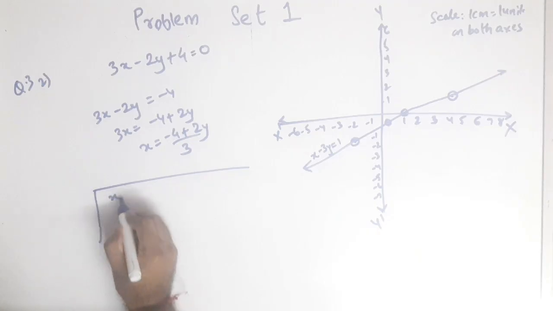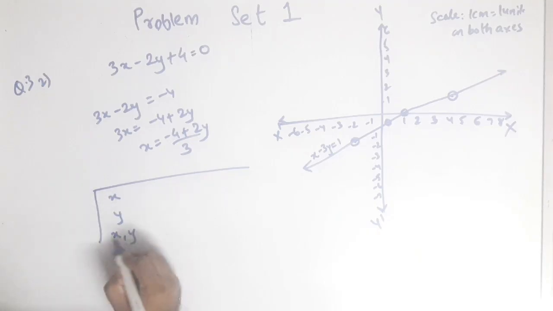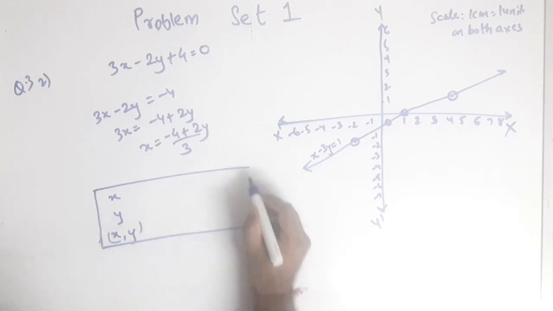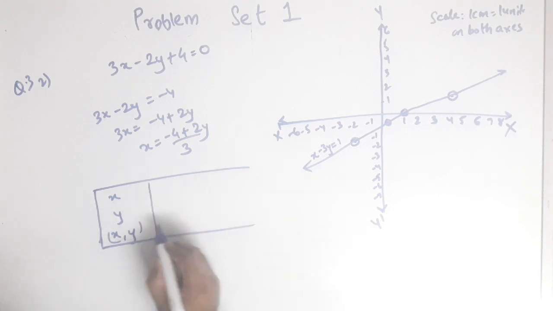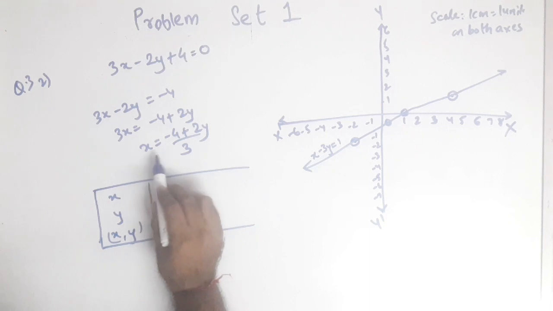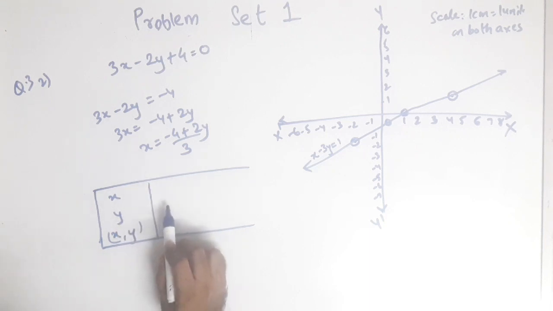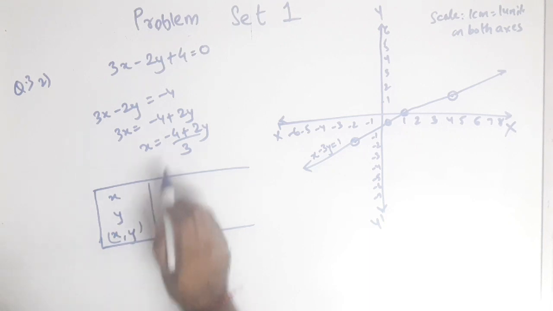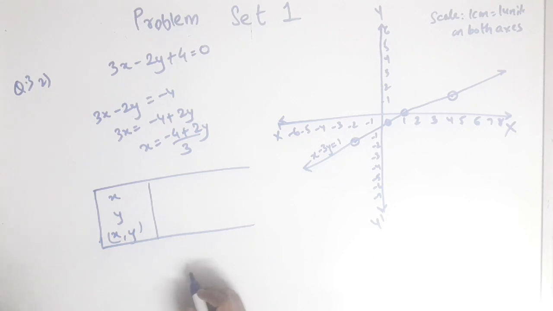This is x, y, x comma y. Then because I have to suppose y, I'll suppose something, then only I can solve for x. So y I'll take let us say 1. So x is equal to -4 plus 2 into 1 upon 3.